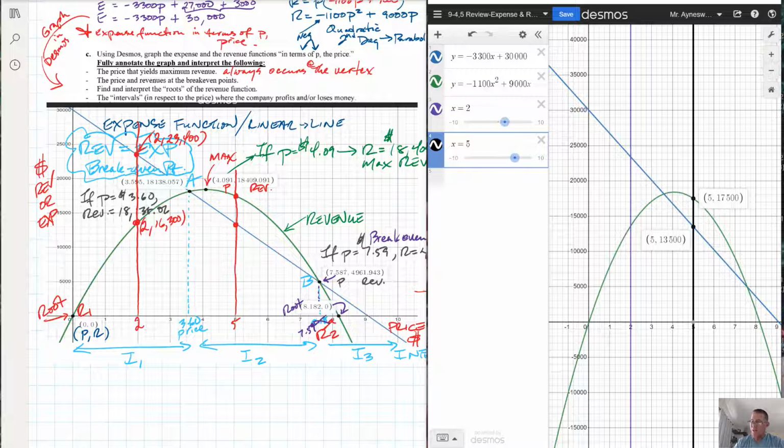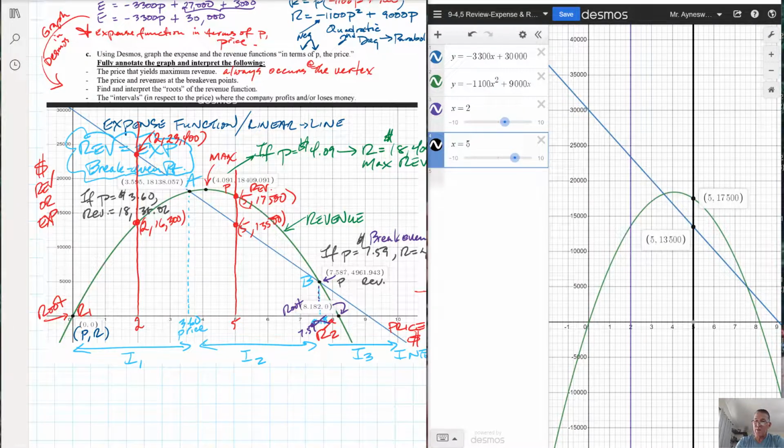So you can see the revenue we're bringing in is, wow, look at that, $4,000 higher than the expenses. So here we're making money. We're profiting here. If we annotate our graph, the first one is 5 comma 17,500. The next one, 5 comma 13,500. Making money here. This is a good thing.